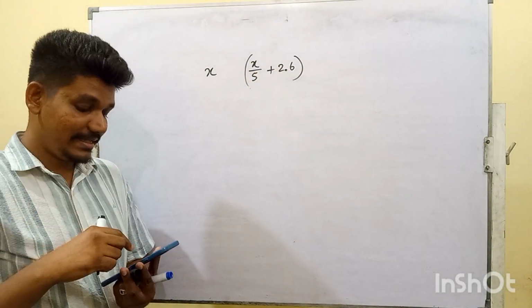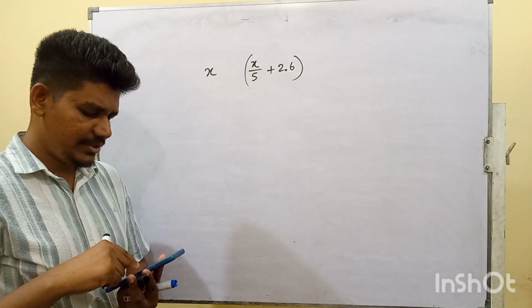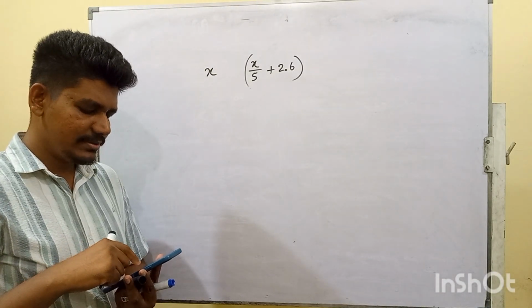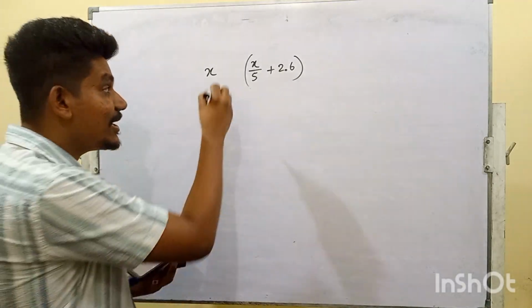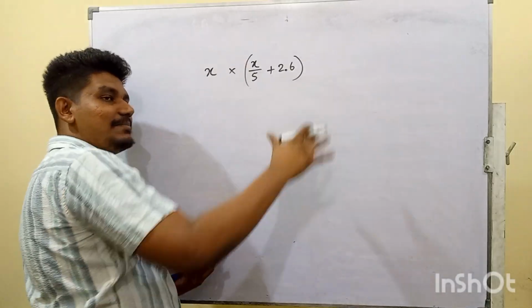But it is for X number of kilograms, since within an hour they produce coconut oil using X kilograms. Then you have to multiply it. This is for 1 kilogram and this is for X kilograms.